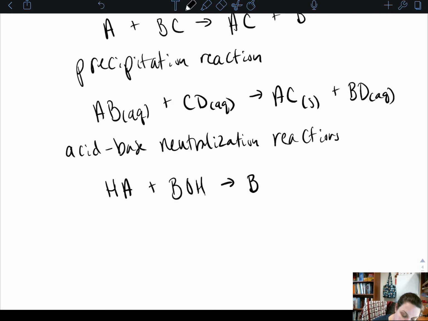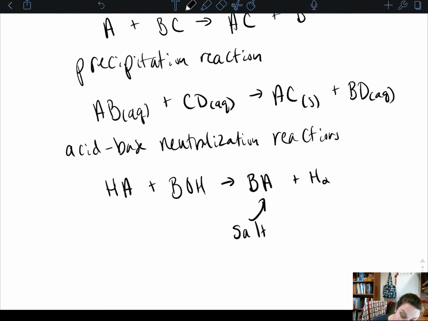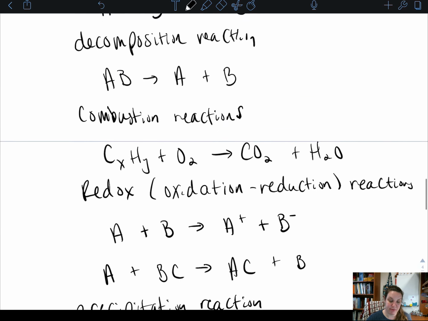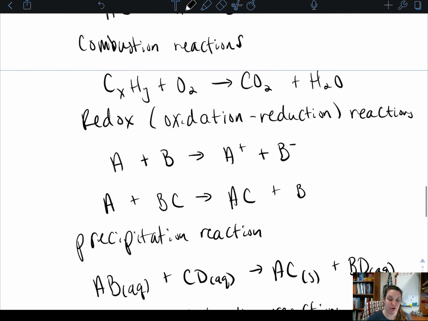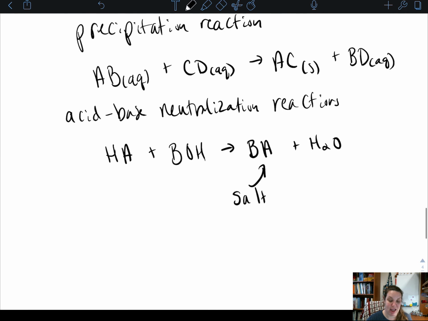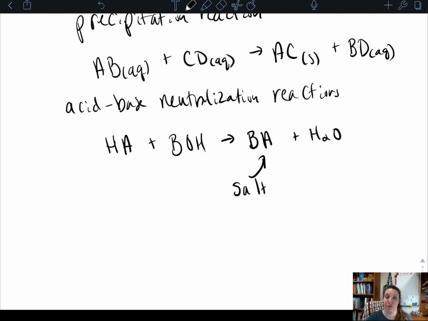And in this process, you're going to produce an ionic species. This is called a salt. A salt is the product of an acid-base neutralization reaction. And then water. So those are our different types. So we have combination, decomposition, combustion, redox, precipitation, and acid-base neutralization reactions. You will need to give products for a lot of these reactions, and you'll need to recognize when you have a specific type of reaction.